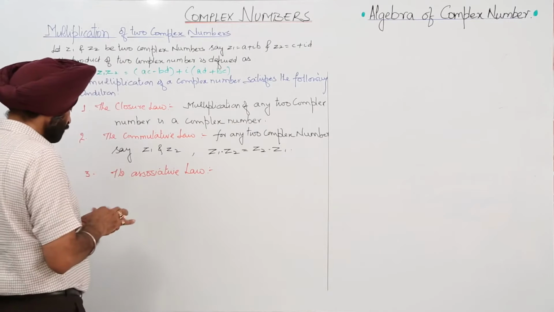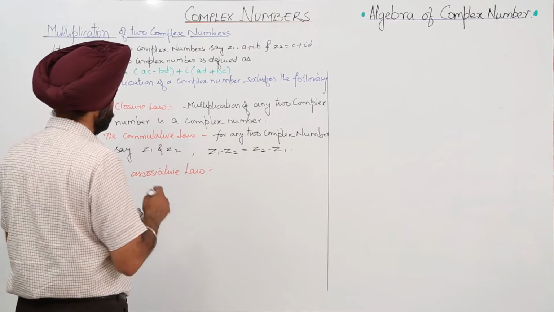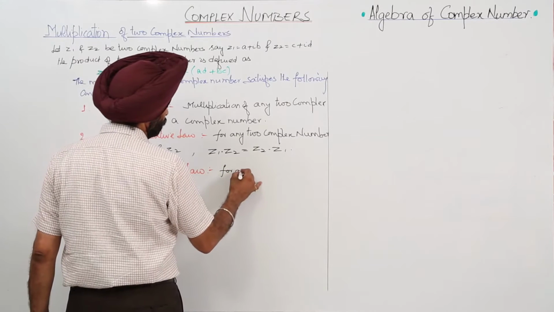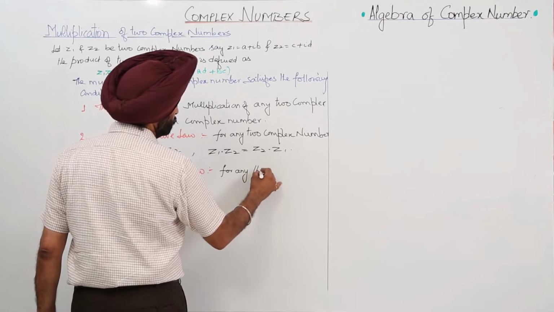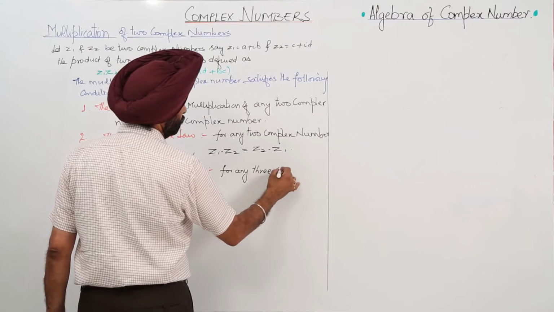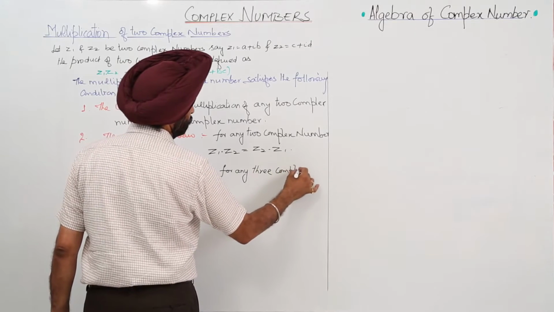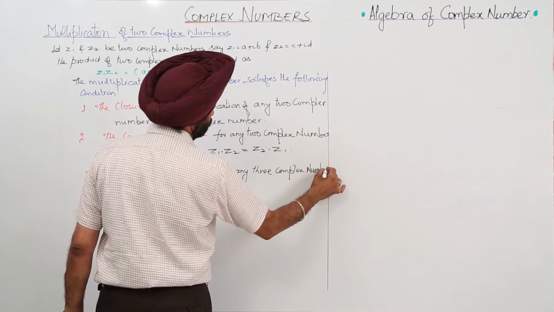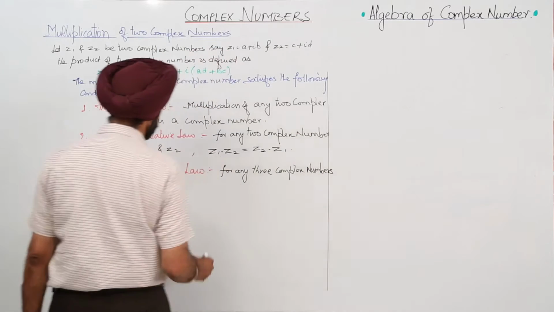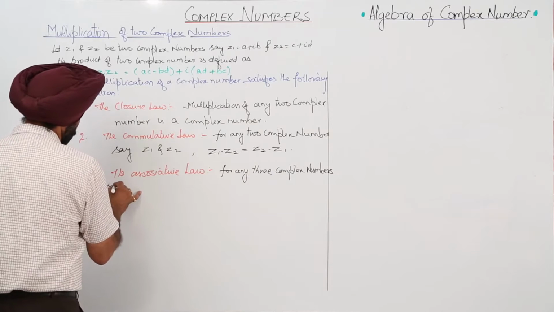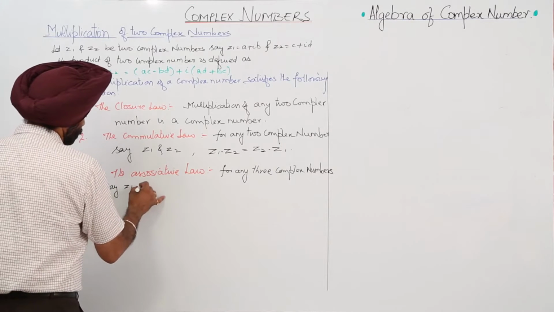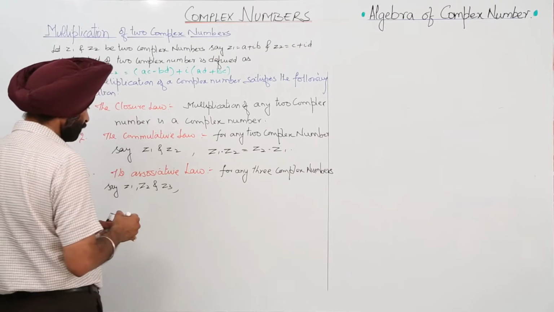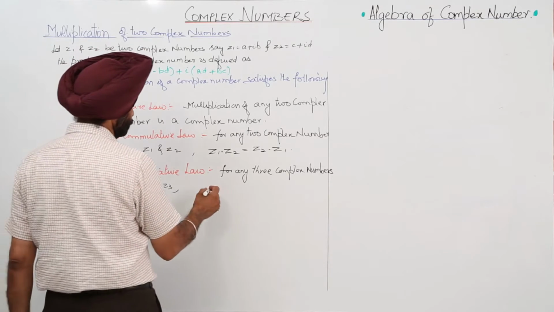Now what does the associative law mean? For any three complex numbers, say Z1, Z2 and Z3, what we are having in this law?